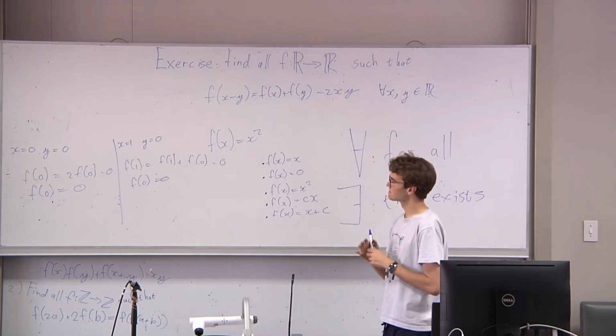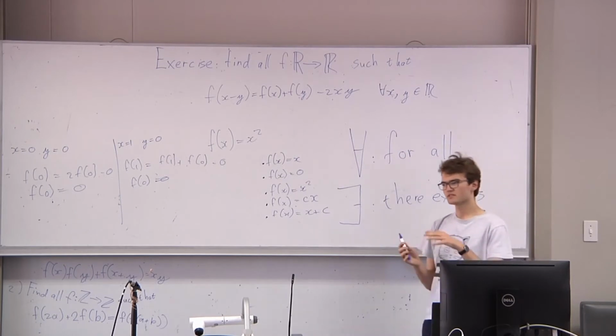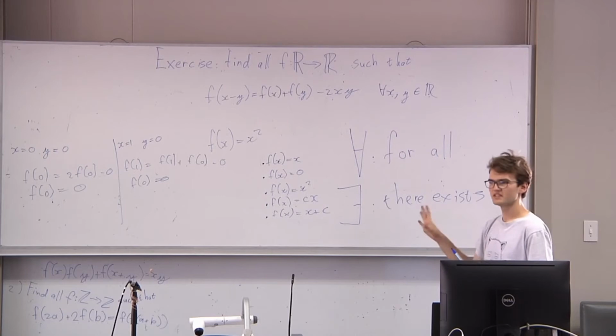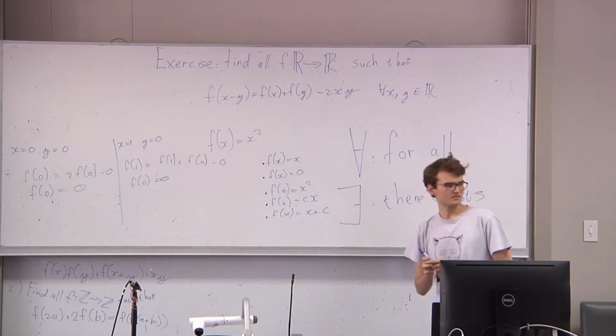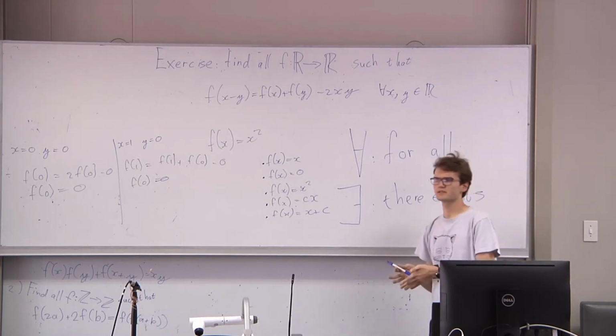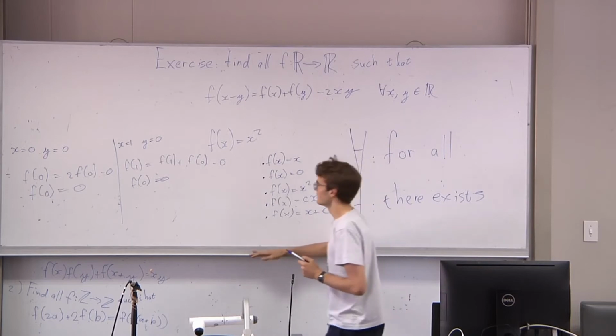So another idea that could be useful is you let one value change and the other one just stays as a constant value, which constrains the equation a lot more because you only have to worry about the one variable, and sometimes you can get behavior out of that.